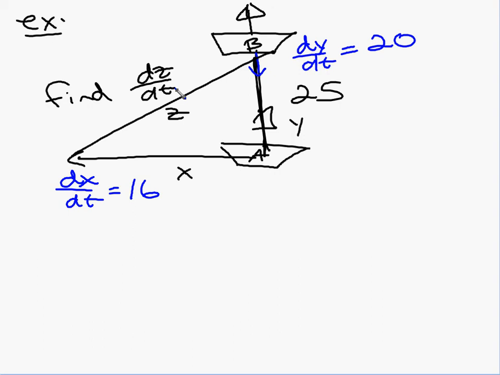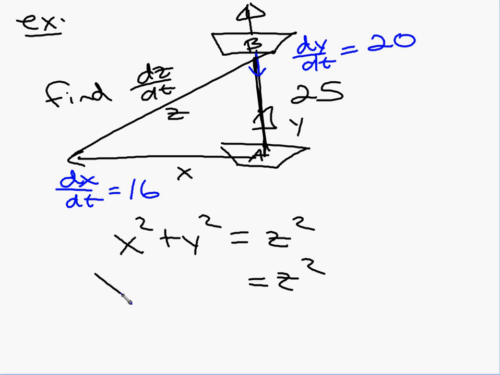Okay? Now, when I set up the Pythagorean theorem, x squared plus y squared equals z squared. Okay? Z is changing, so I have to leave it alone. But I've got a problem here because I've got 3 variables. Okay?